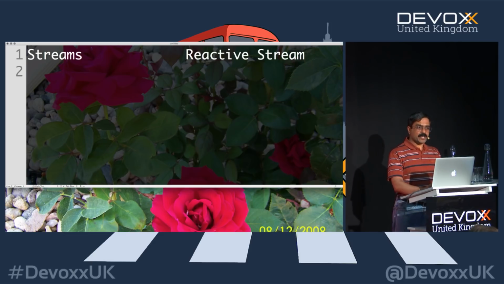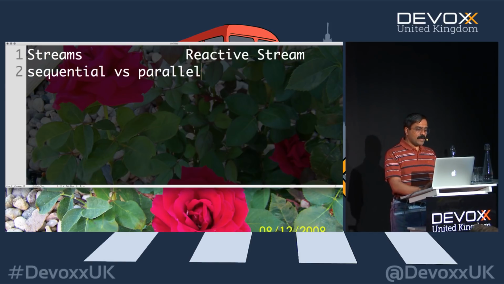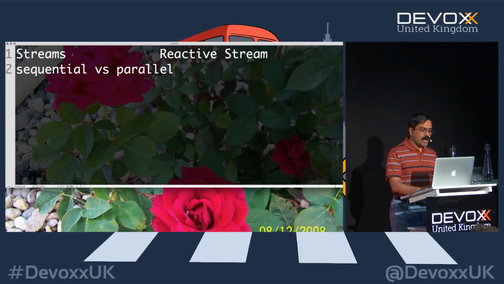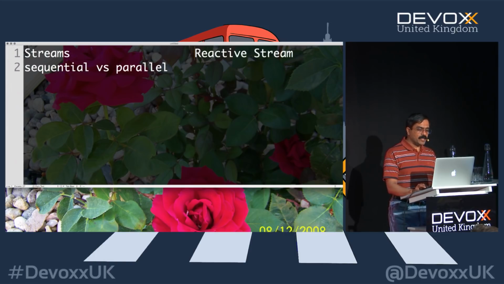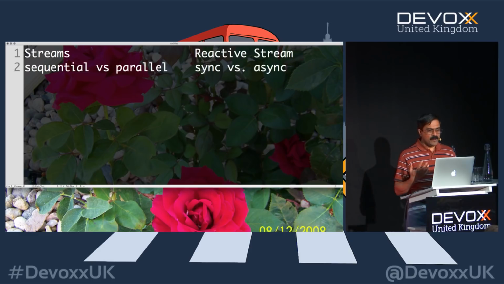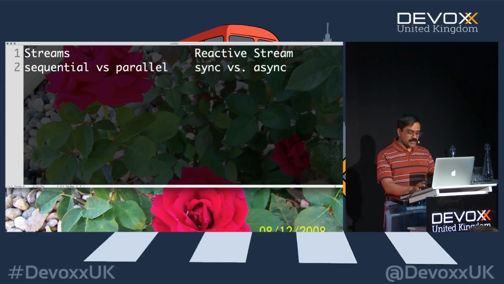And one of the differences is streams is sequential versus parallel. And again, I'm digressing from the topic, but I think it's pretty relevant to still keep that in mind. Whereas in the case of reactive streams, it is synchronous versus really asynchronous that we are really looking at in terms of the execution mode. That reactive streams offer synchrony versus asynchrony.